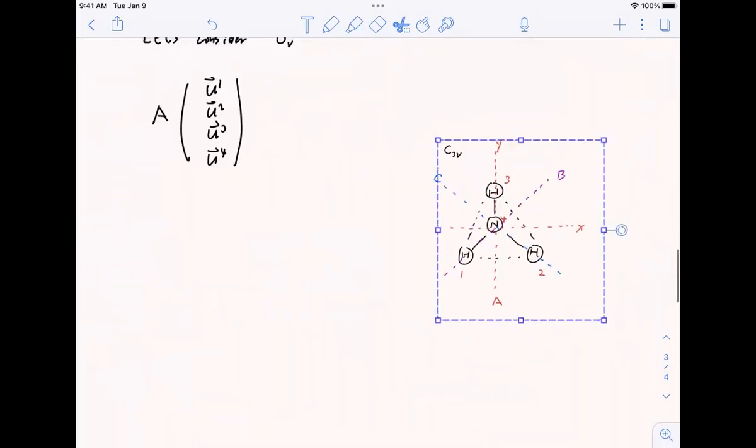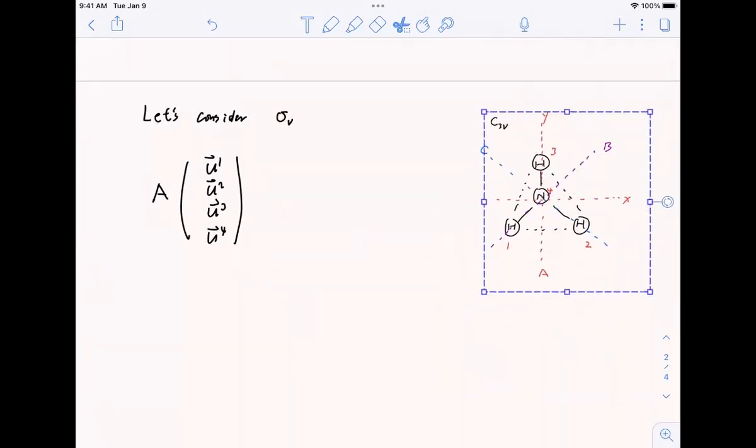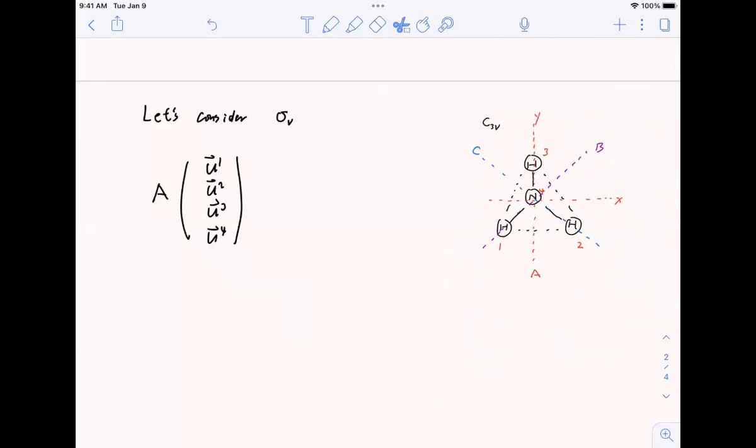Under A, x will go to negative x, and 1 will go to 2.